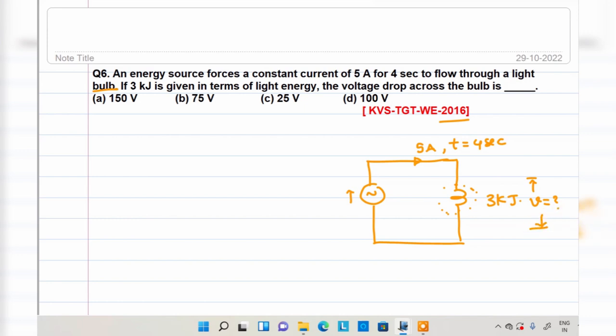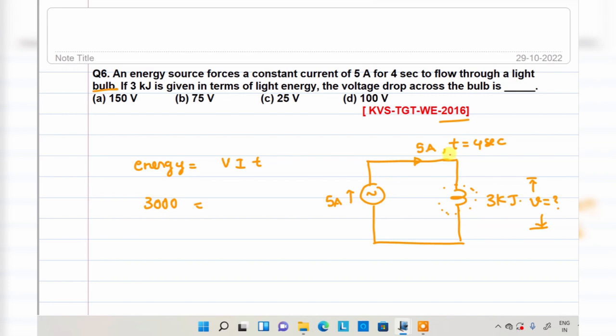First you need to understand the question, then we find the solution. If you are providing a current source of 5 amperes, you need to find out the voltage. The energy formula from our theory class is E equal to VIT, right? The energy given is 3 kilojoules, that means 3000, K means 1000.